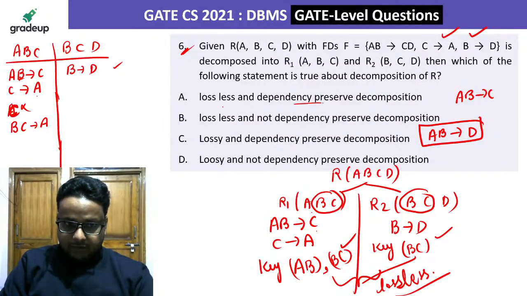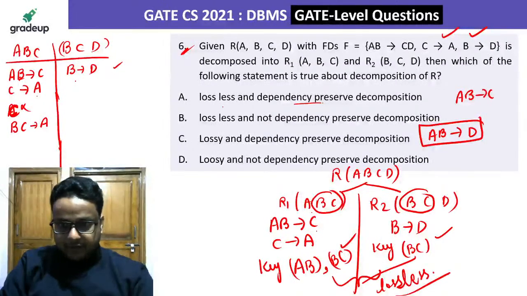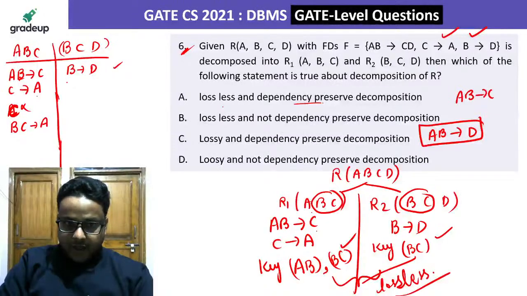So A we have taken, B, C, A, B, B, C. Now B goes to D. C, what we can write from C? C, A. But A is not here in this table, will not take A. Then C, D. A, B, B, C, D. D determine will not give you anything. And if I take B, C, you will get B, C, D.